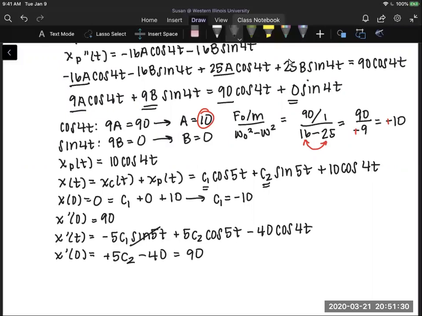All right, so what I get here is 5 equals 130. So what am I going to get there? Let's see here, making sure this is panning out. Let's see.